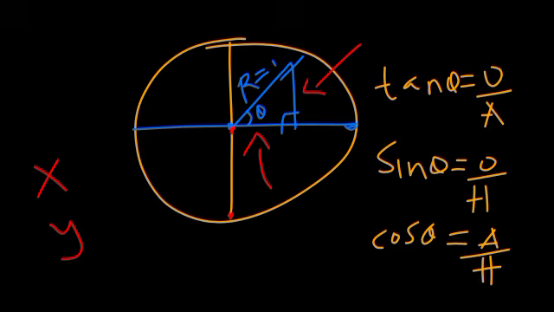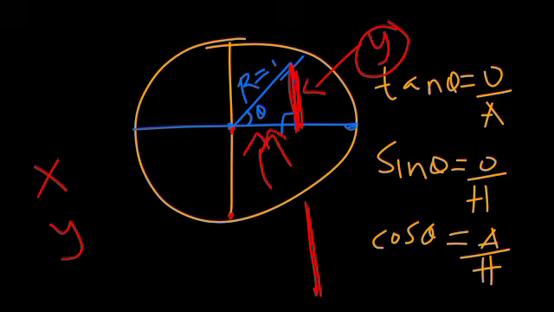If this side here is lying in the y-axis, the vertical side, we're going to denote that side, instead of calling it opposite, by y. And this other side there, we're going to call x, because it is lying in the x-axis.